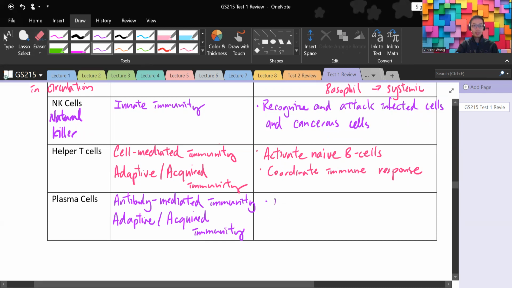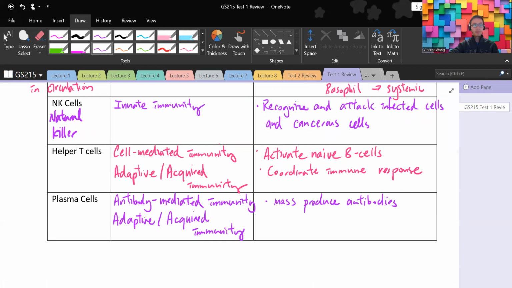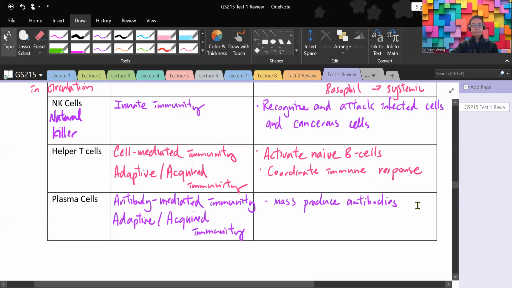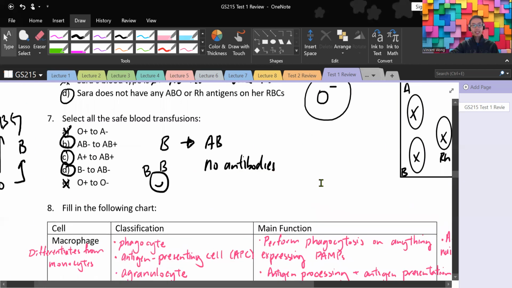The job is to mass produce antibodies. All right. So there you have it.